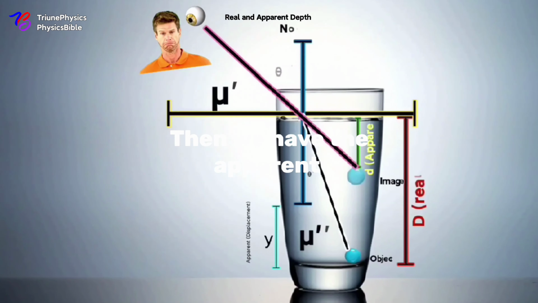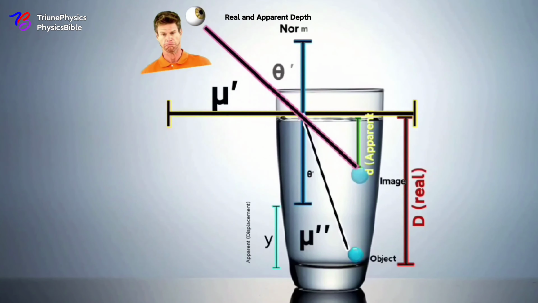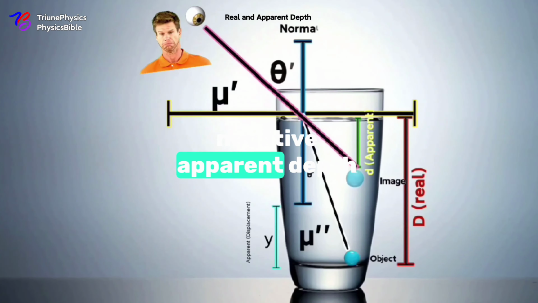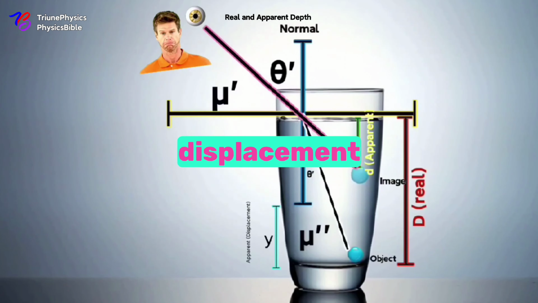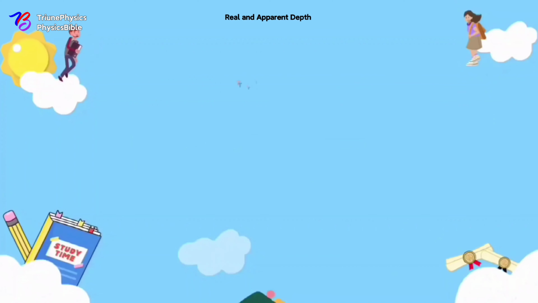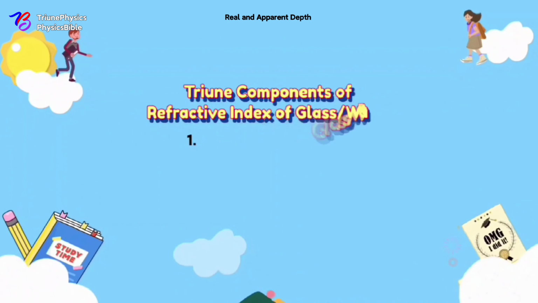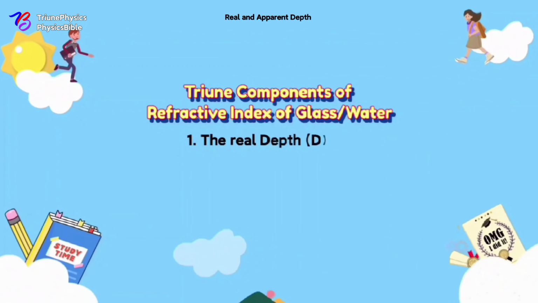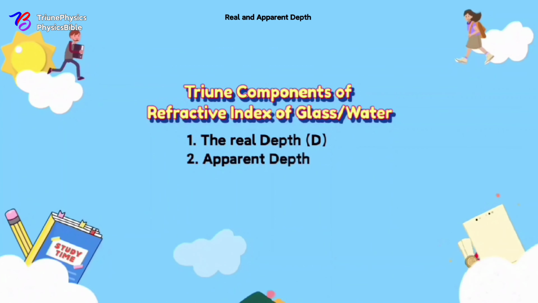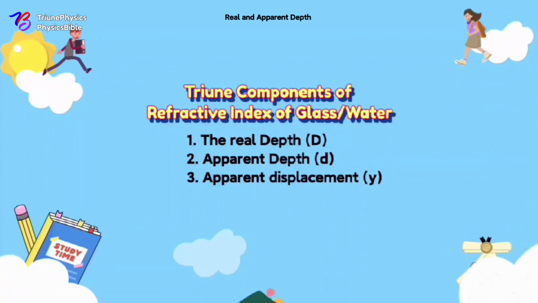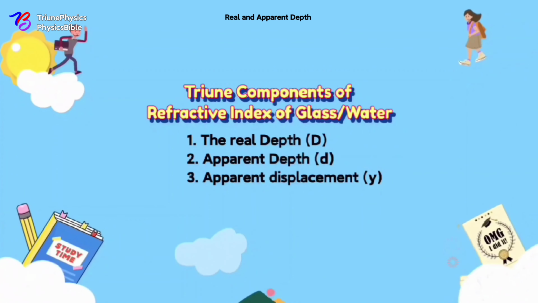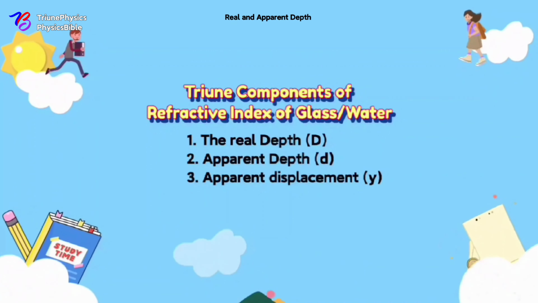Then we have the apparent displacement. Real depth minus apparent depth will give you apparent displacement, as seen from the diagram. From the diagram, the triune components of the refractive index of glass or water as a medium are the real depth, uppercase D, apparent depth, lowercase d, and apparent displacement, lowercase y.